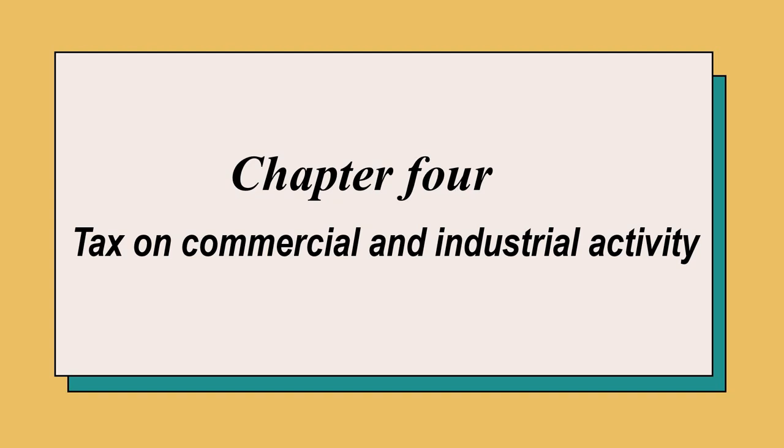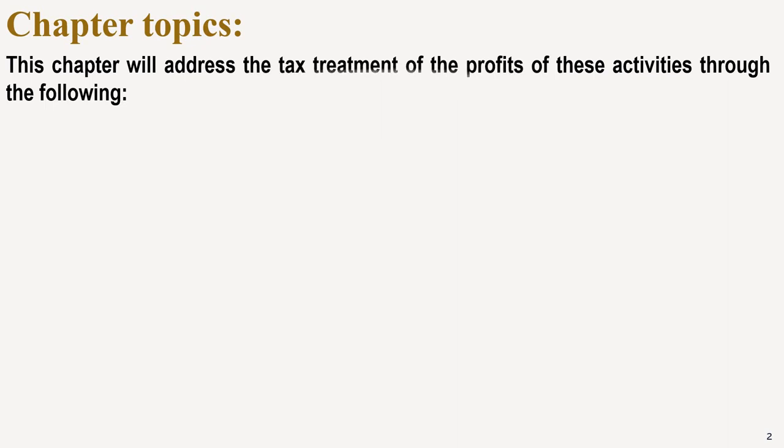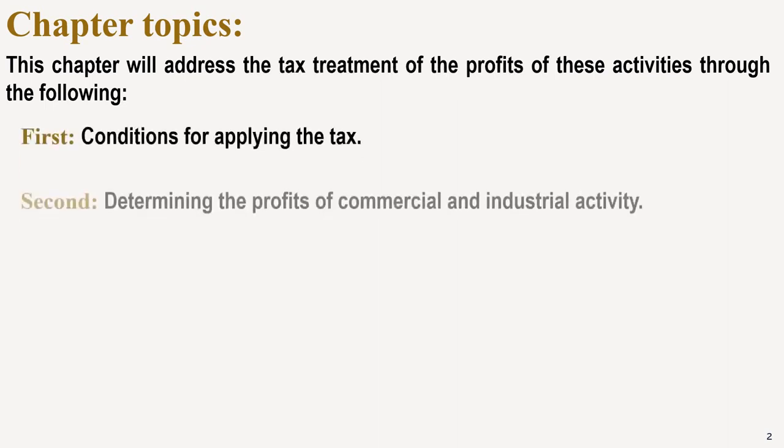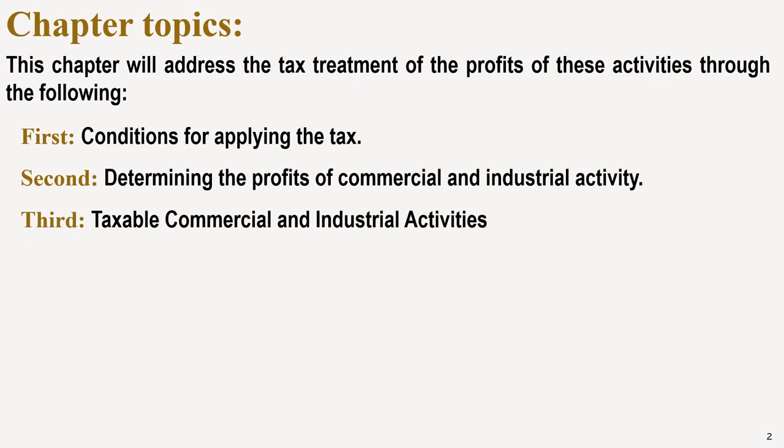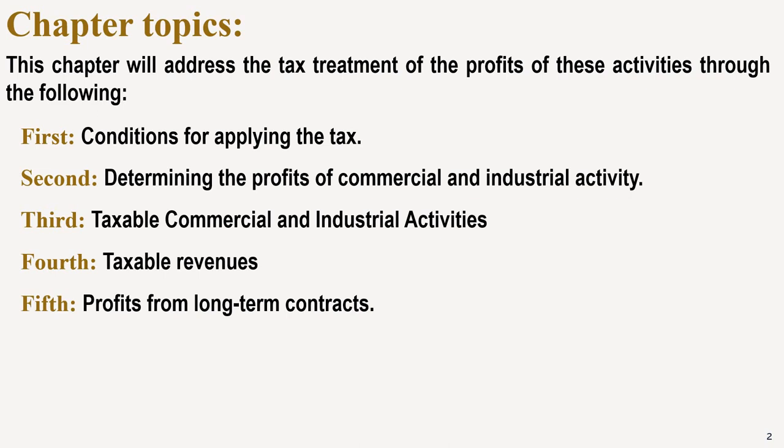In this lecture, we are going to continue studying chapter 4 by explaining deductible costs. In the previous lecture, we have studied conditions for applying the tax, and then determining the profit of commercial and industrial activity, taxable commercial and industrial activities, taxable revenues, and finally profit from long-term contracts.